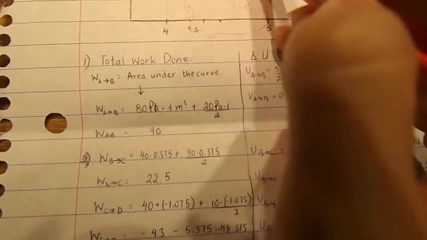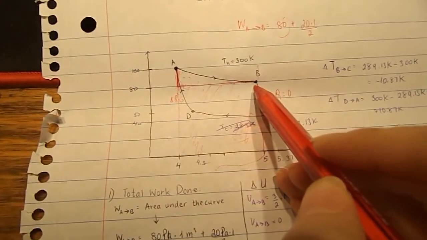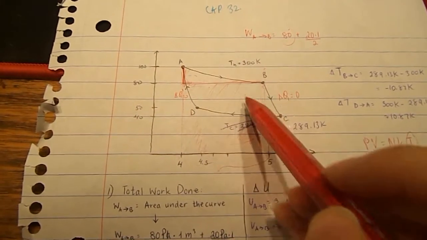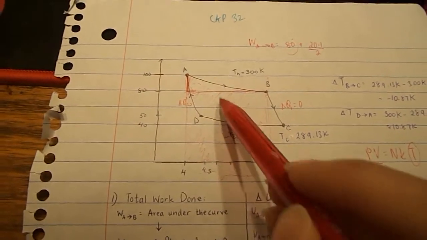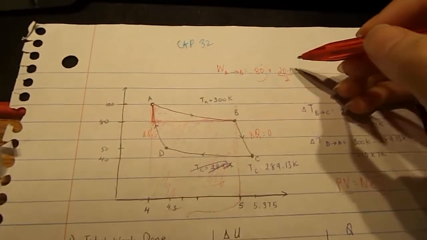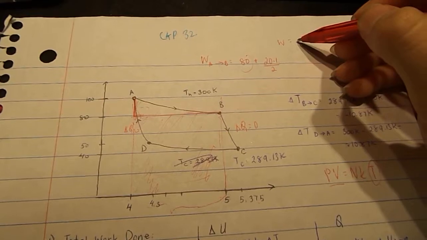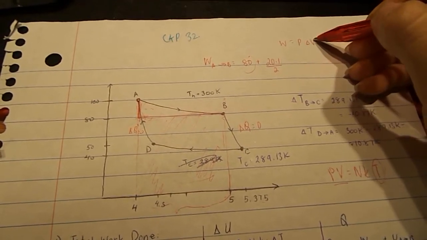So the work done from A to B, it's 90, and since our volume is increasing, the work done is pressure times change in volume.